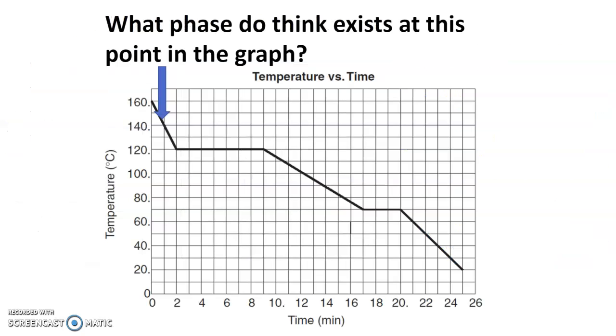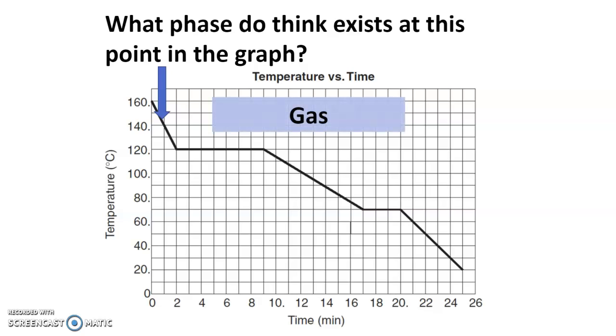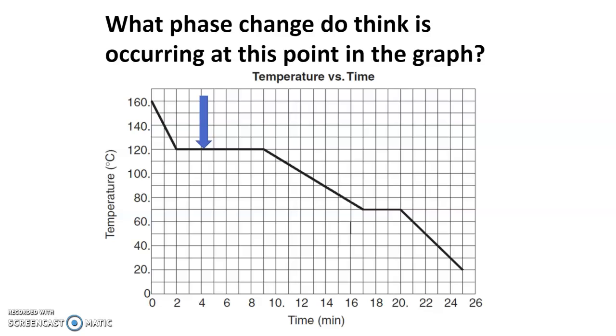All right, let's do a little more analysis. Make a prediction. What do you think exists at this point in the graph? What phase, solid, liquid, or gas? We can see that the temperature is really high, and so I'm going to guess that this is a gas. So go ahead and label this section of your graph as a gas. So then let's look at this next segment.